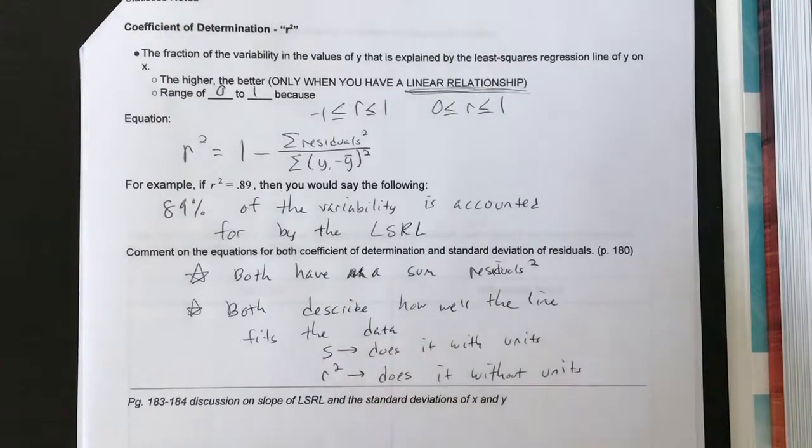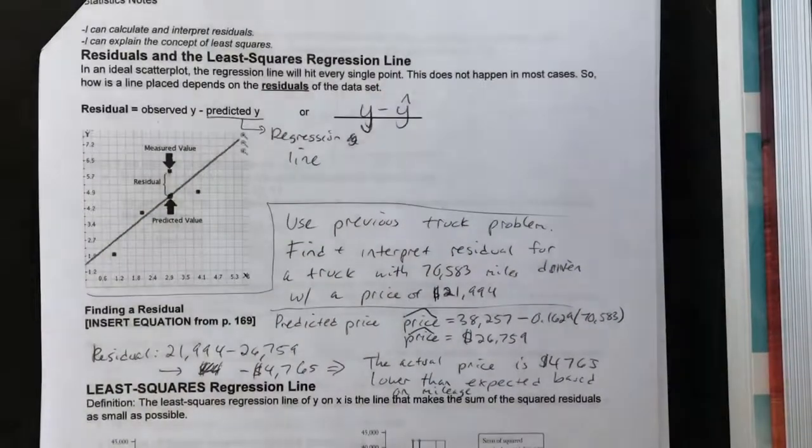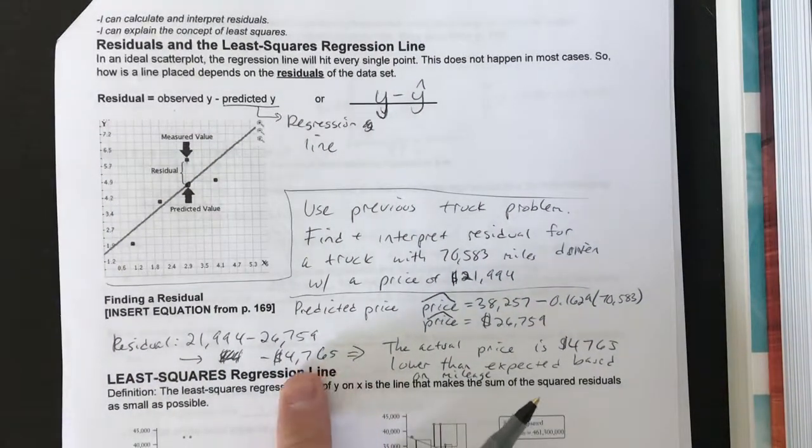If you're looking for an example of the standard deviation of the residuals, back to the truck example with the mileage, I do believe in the book the standard deviation of the residuals was something like $4,000, which means that your predictions can be as far off as $4,000. So that prediction of $26,000 back in the example at the very beginning of the video, our prediction residual was off by $4,765.